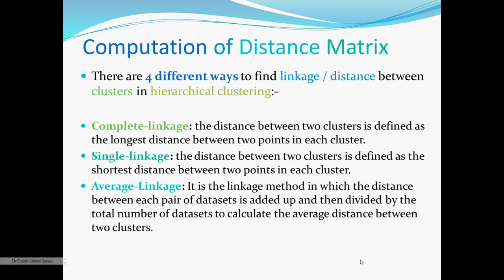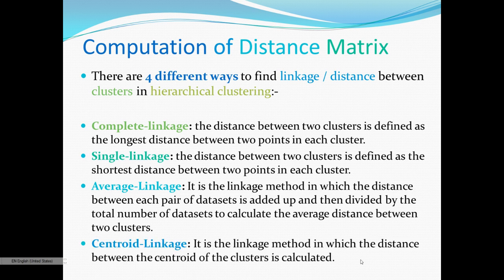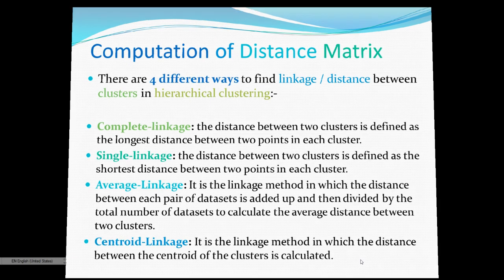In the average linkage, the distance between each pair of data points is added up and then divided by the total number of data points to calculate the average distance between two clusters. The last one is the centroid linkage. It is the linkage method in which the distance between the centroids of the clusters is calculated.